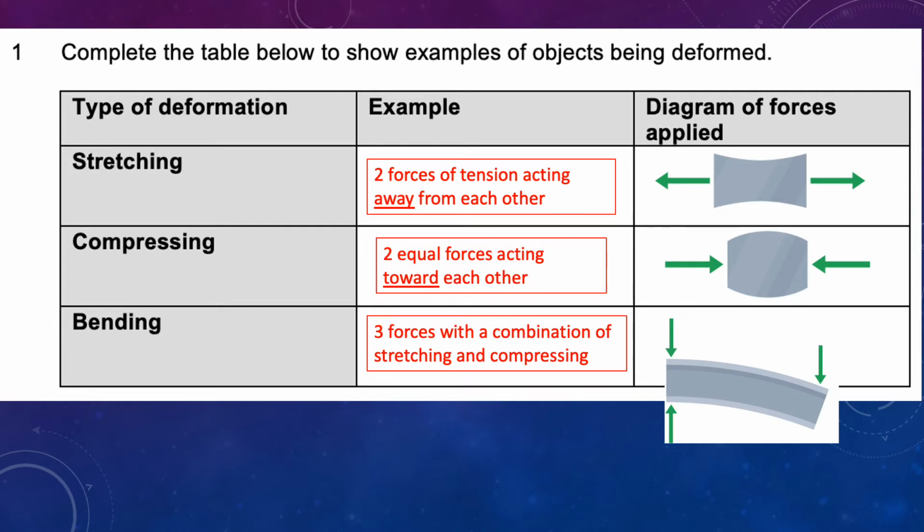The diagram I'm pulling is the exact one from previous, and you have the two forces on the left are obviously compressing, but if you compare the arrow going up and the arrow going down on the right side, those are going to be stretching because they're technically going in opposite directions, but they are both going inwards but at different angles. So this one is actually quite difficult to explain, but if you can kind of burn that image into your mind right now about what bending looks like, that'll help you in the future.